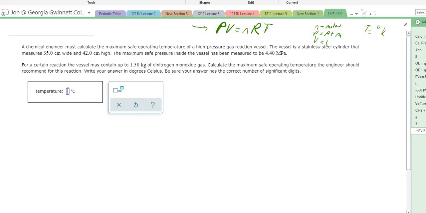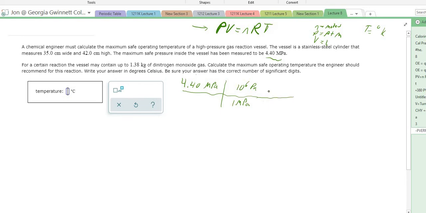Let's tackle pressure first. Pressure is given to us as 4.40 megapascals, and we need to convert that into atmospheres. You don't have to do it this way, but this is how I do it. I have 4.40 megapascals, and in 1 megapascal, by definition, mega is 10 to the 6th, there are 10 to the 6th pascals.